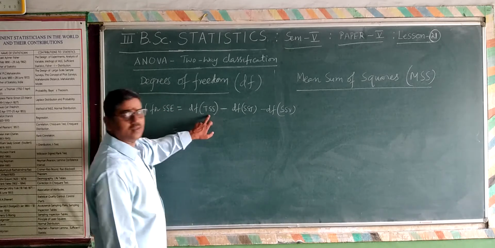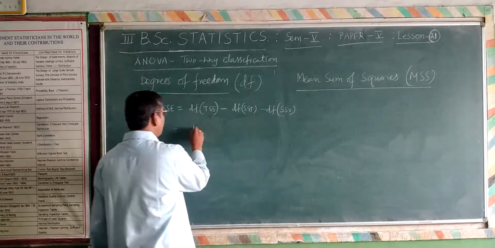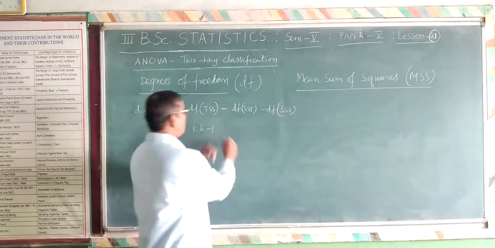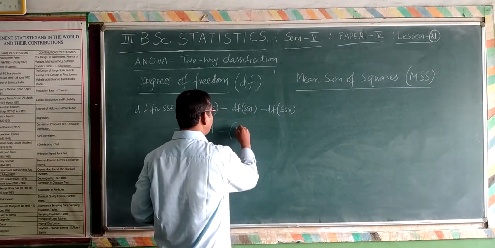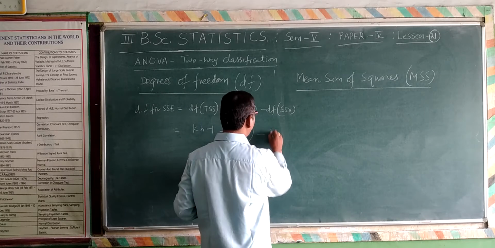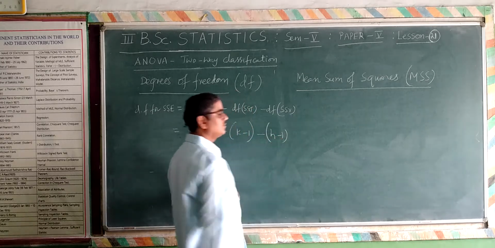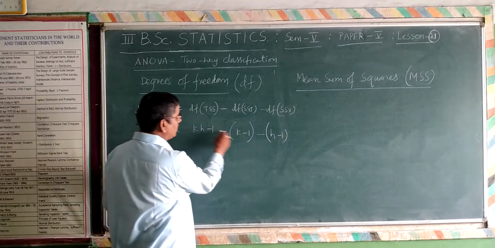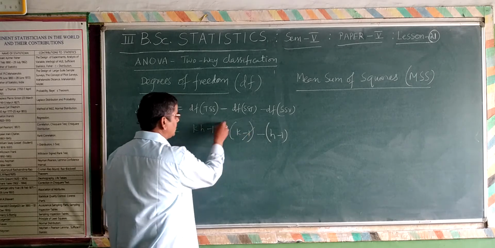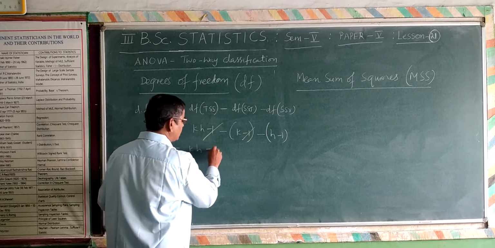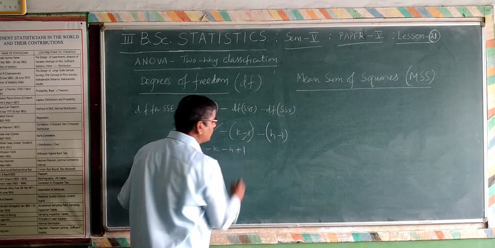So the degrees of freedom of TSS is kh minus 1, minus the degrees of freedom for SST, which is minus of k minus 1, and for SSV it is minus of h minus 1. Now we have minus of minus plus 1. The remaining is kh minus k minus h plus 1.